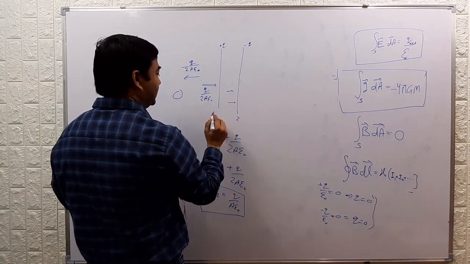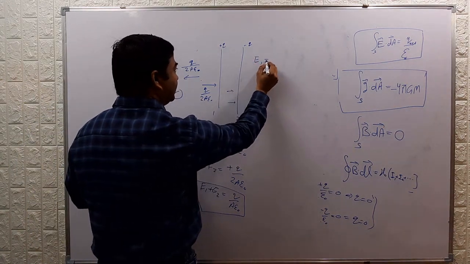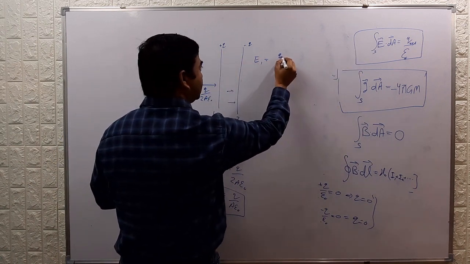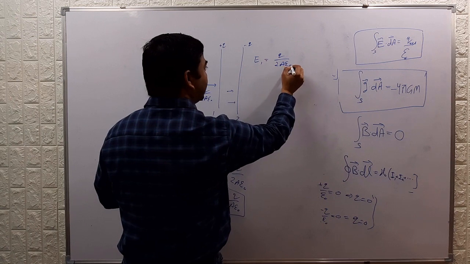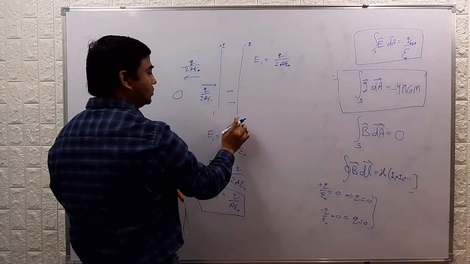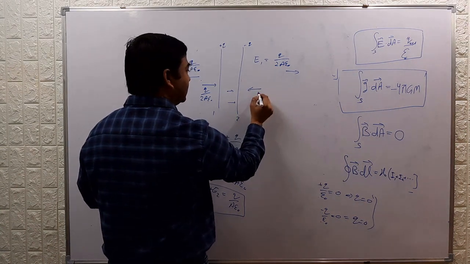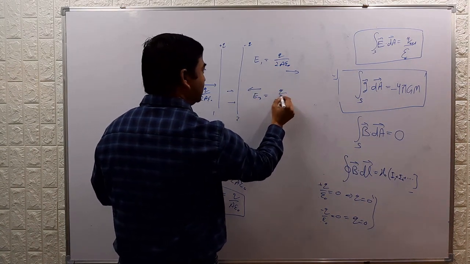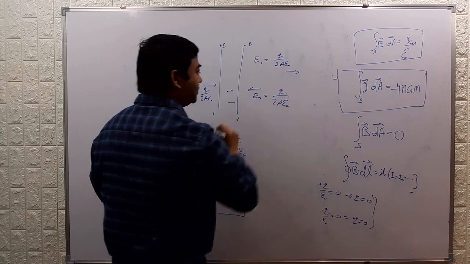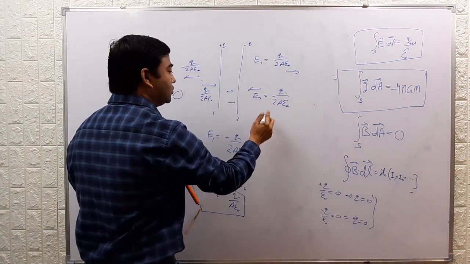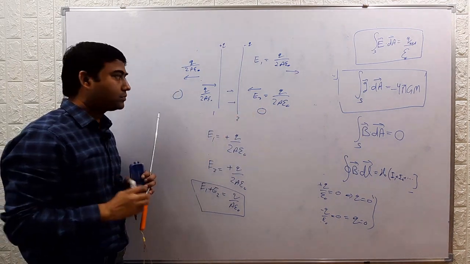Similarly in this area, E1, this is positively charged, in this direction it is q by 2A epsilon 0, and E2, this is negatively charged, so field will be in this direction, E2 is q by 2A epsilon 0. So E1 and E2 are equal and opposite, so in this region also field will be 0.